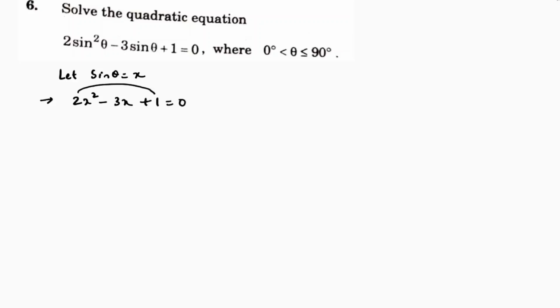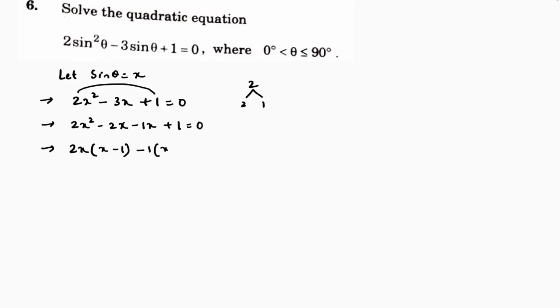Now if I do factorization, 2 into 1, 2. So the factors are 2 and 1. 2x square minus 2x minus 1x plus 1 equals 0. In the first two terms, I can take 2x common, so I'm left with x minus 1.